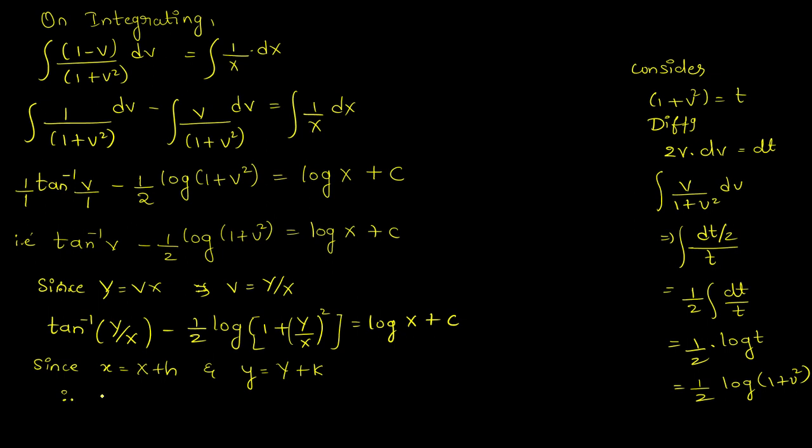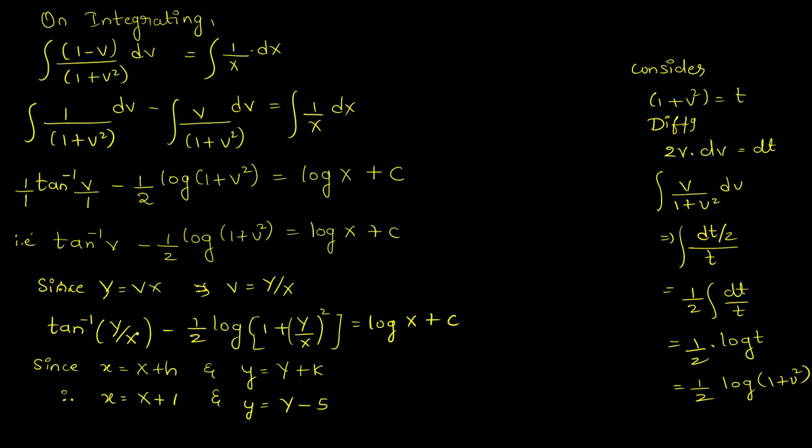Therefore x can be written as capital X plus 1 and y can be taken as capital Y minus k, where k was equal to minus 5. So therefore, since you want to substitute here capital X and capital Y, we can say that capital X is x minus 1 and capital Y is equal to y plus 5.